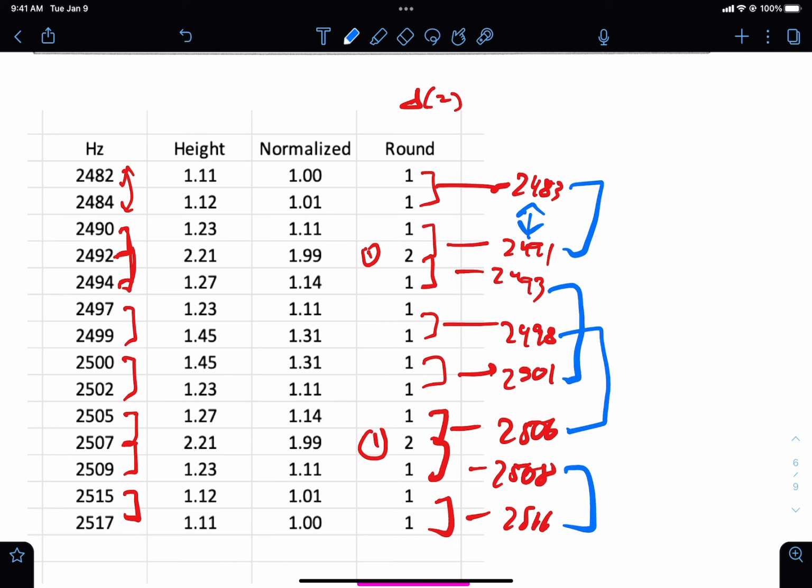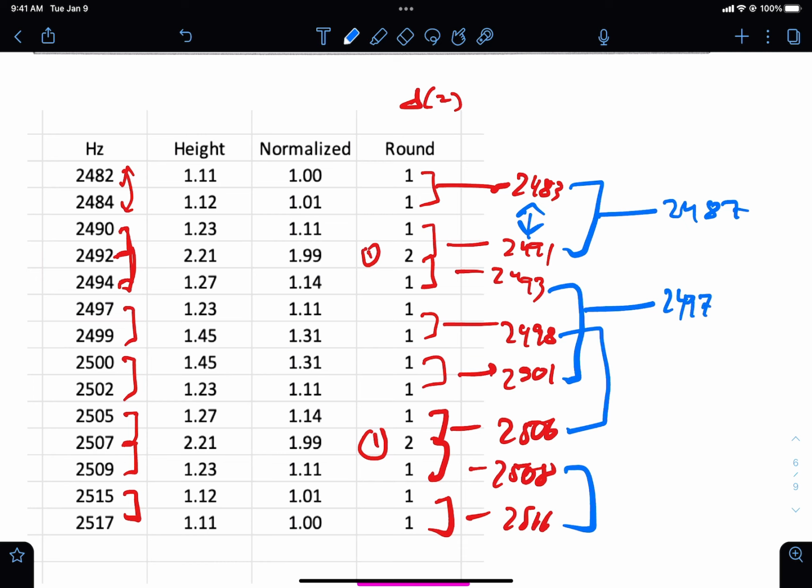So what's our new center? Well, if they're separated by 8, the center here is 2483 to 2487, right? Add 4 basically. So that is centered at 2487. This is centered at 2497, right?